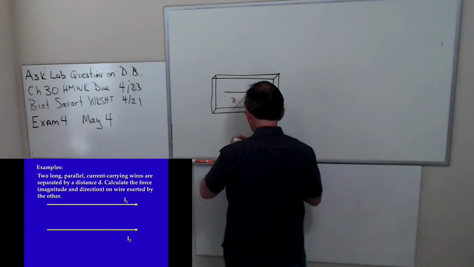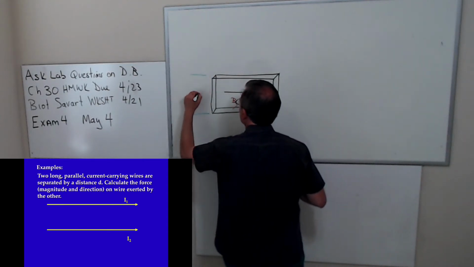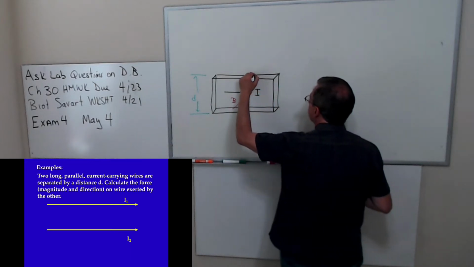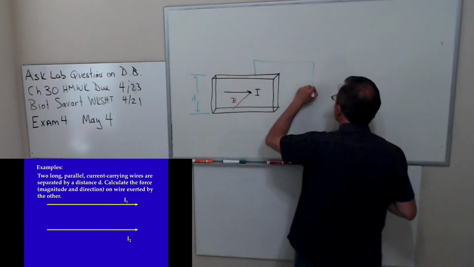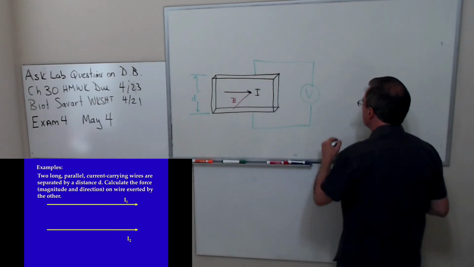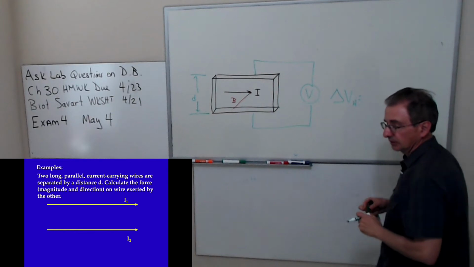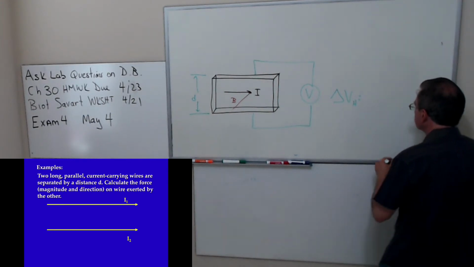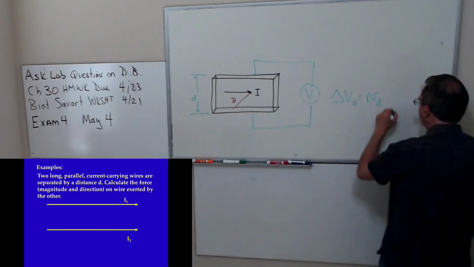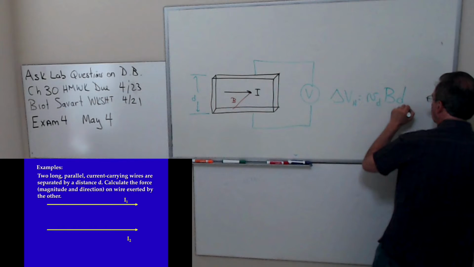The height of this thing is d. What happens is if you put a sensitive enough voltmeter across the top and the bottom end, you will measure a voltage called delta V sub H. And we showed that this is equal to the drift velocity times the strength of the field times this distance.